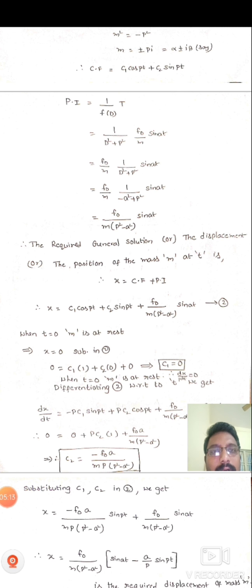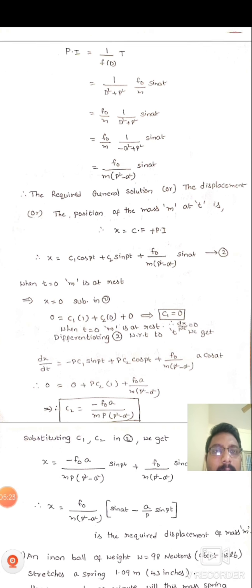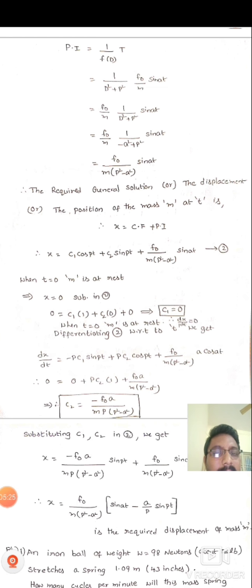Now, to compute the values of the arbitrary constants C1 and C2, we have to use the initial conditions. The initial condition is: when time t equal to 0, the mass m is at rest. That means there is no displacement. So when t equal to 0, we will have x equal to 0. Substituting these values in equation number 2, we get the first arbitrary constant, that is C1 value is 0.